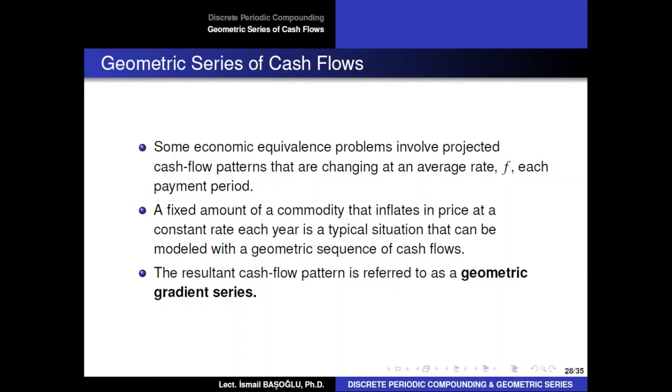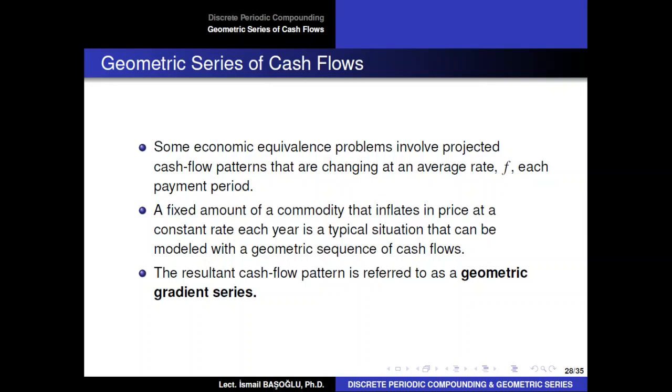For example, in the first period, there is a base payment of A0. At the end of the second period, there is a payment A0 plus a gradient. At the end of the third period, there is a base payment plus two gradients.